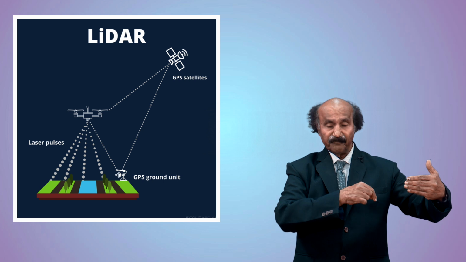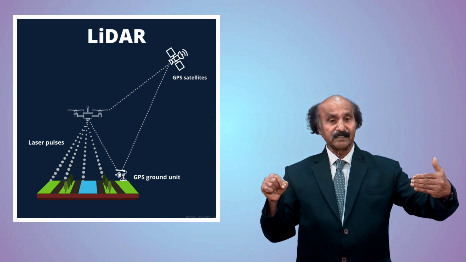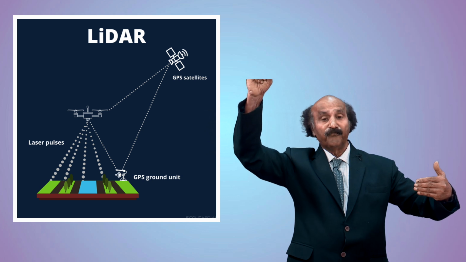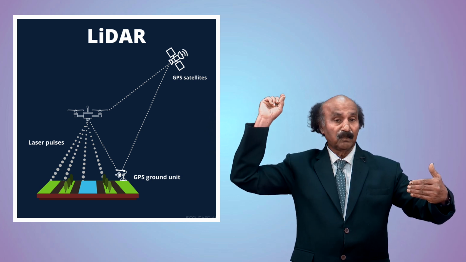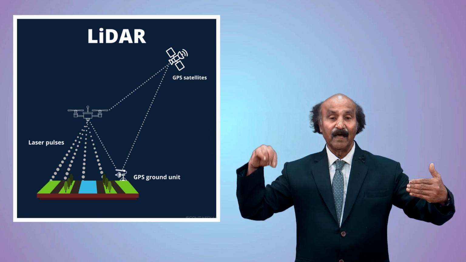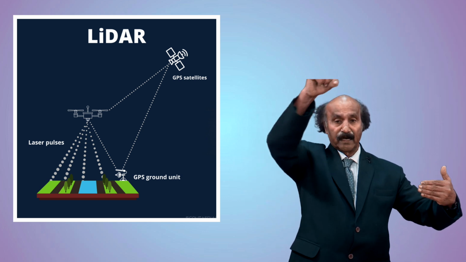the light has left here. This distance is, let us say, 5 centimeter. It has come out, gone up few kilometers, maybe 20,000 kilometer, 30,000 kilometer distance, and then it comes back.